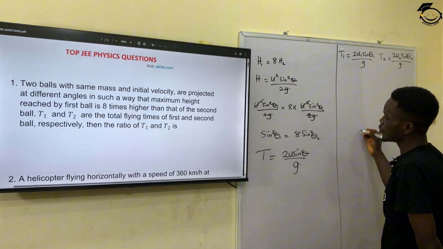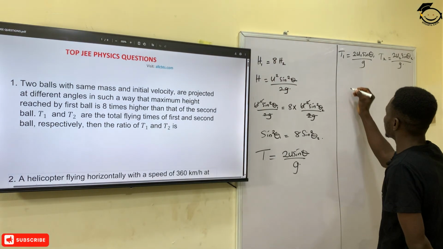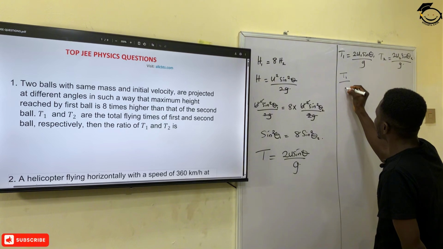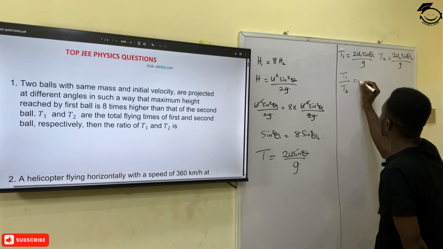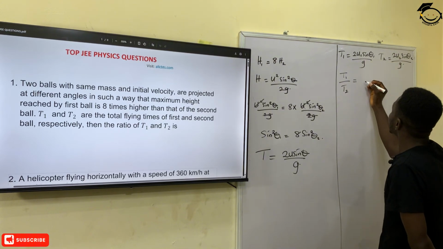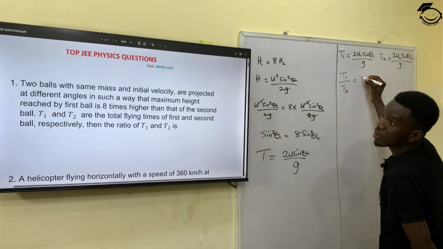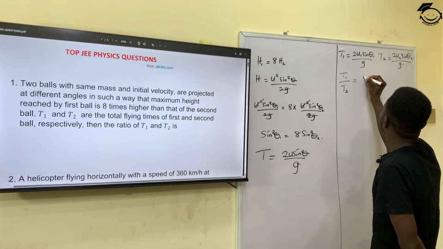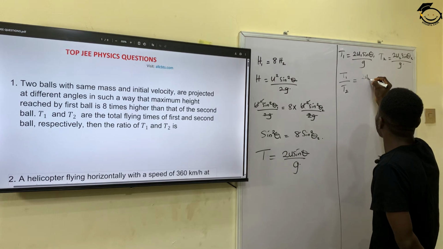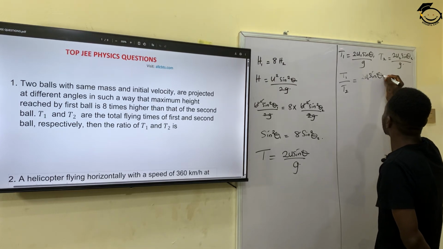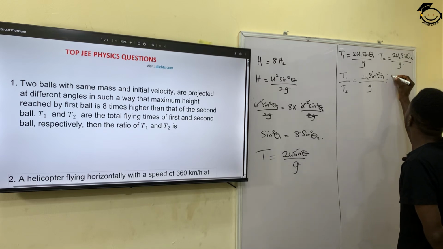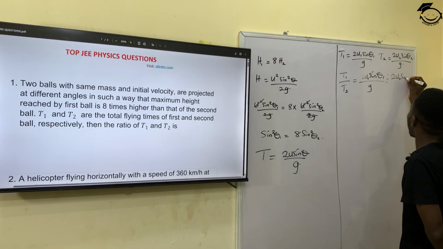So if I'm looking for the ratio of T1 to T2, it means that T1 over T2 is simply 2u1 sine theta 1 over g divided by 2u2 sine theta 2 over g.